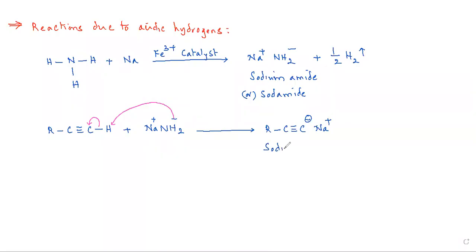This is called sodium alkynide. Started with an alkyne, so this is said to be sodium alkynide. Anyway, ammonia is eliminated. Now this is your acidic hydrogen.